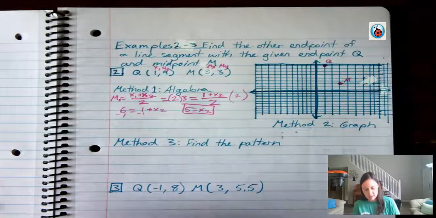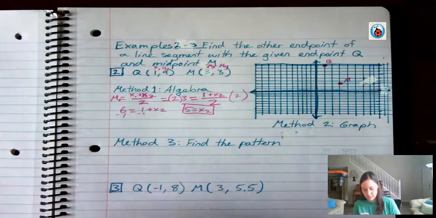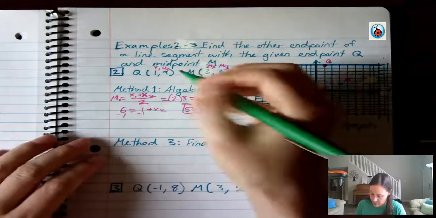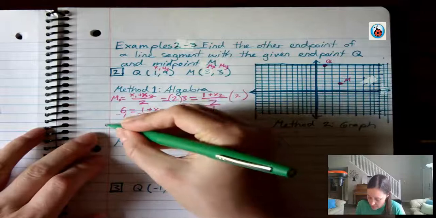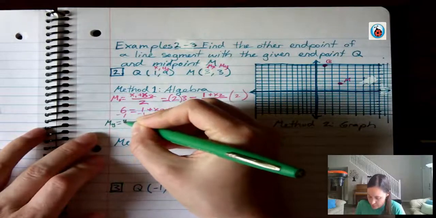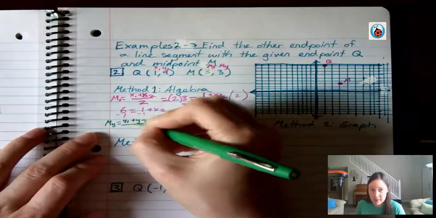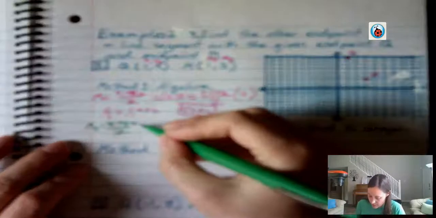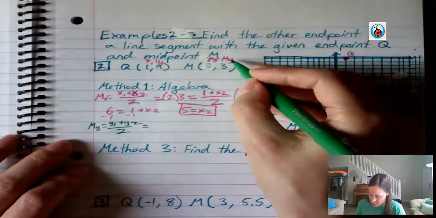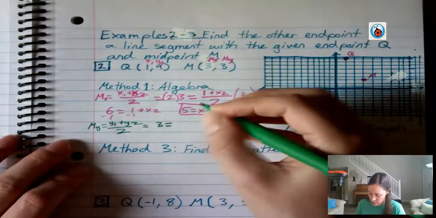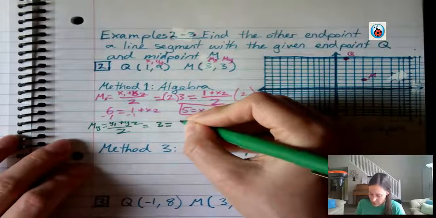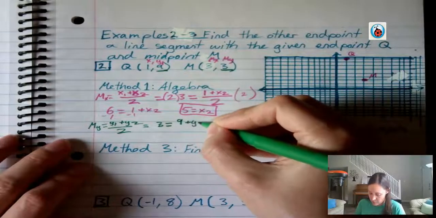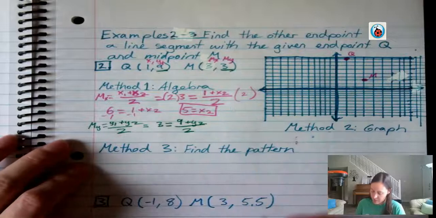Now I'm just going to repeat that same process using my y values. And so the midpoint of y equals y1 plus y2 divided by 2. And so that means my midpoint of y, which is 3, equals y1, which is 9, plus y2 divided by 2.